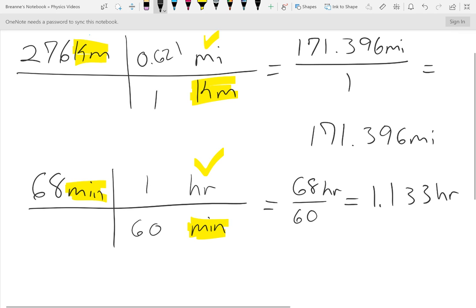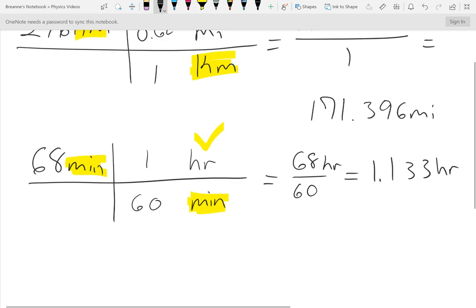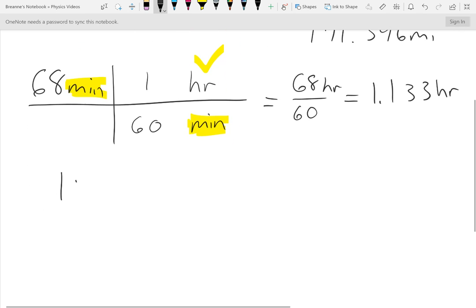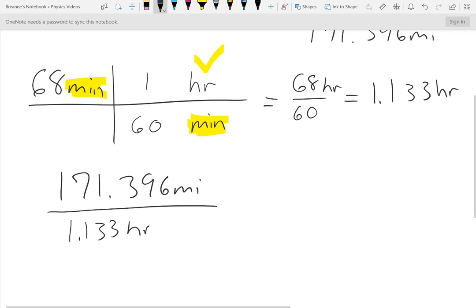So now we have miles and we have hours, but we need miles per hour. What does that per mean again? Yep, it means divide. So we have to do 171.396 miles per 1.133 hours.